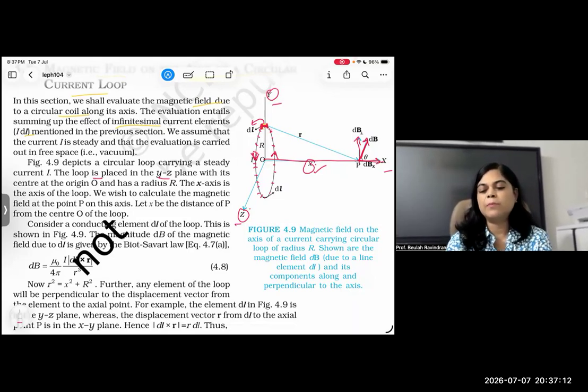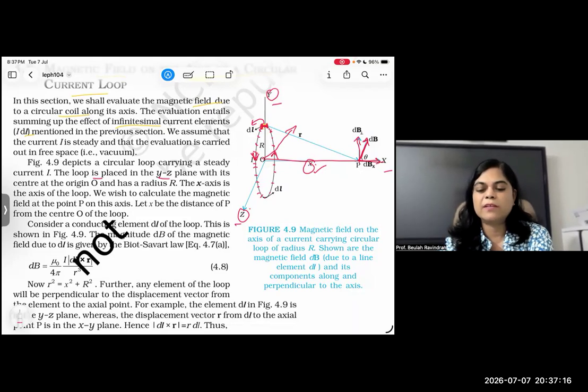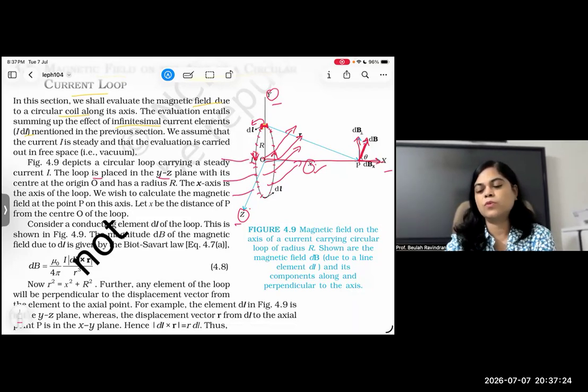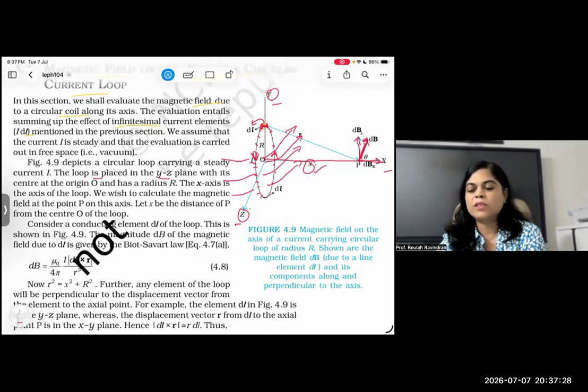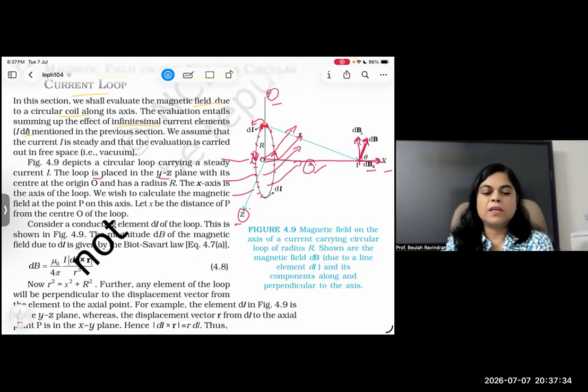The magnetic field will be emerging out like this. So this is the magnetic field, emerging out of the loop. Okay, so lines of force. So it is dB at the point P, we are calculating. It is resolved into two components, dBx, the horizontal component, and the vertical component.